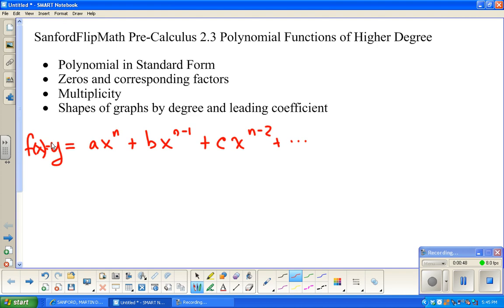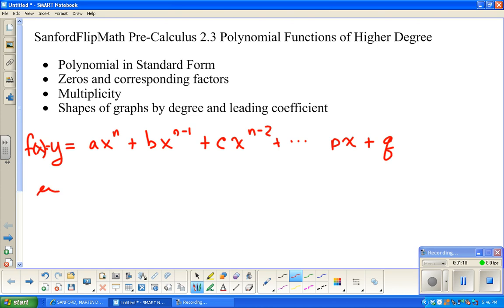And keep in mind that any of these coefficients could be negative, so a could be a negative number, b could be a negative number, and this would all go all the way down to some mystery letter, maybe p, x to the 1, and q might be the last one. I don't want to imply a certain number of terms or a certain exponent to start with for degree, but this would be a polynomial function in standard form.